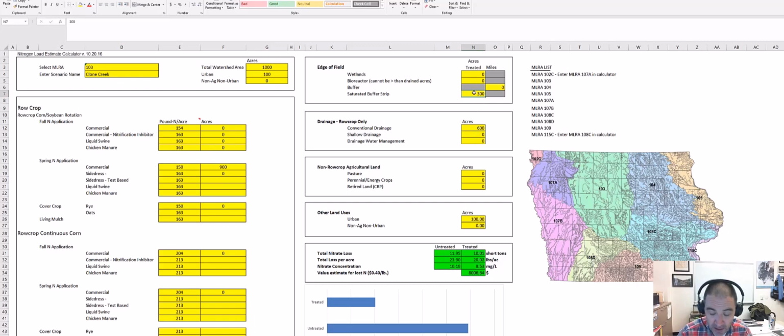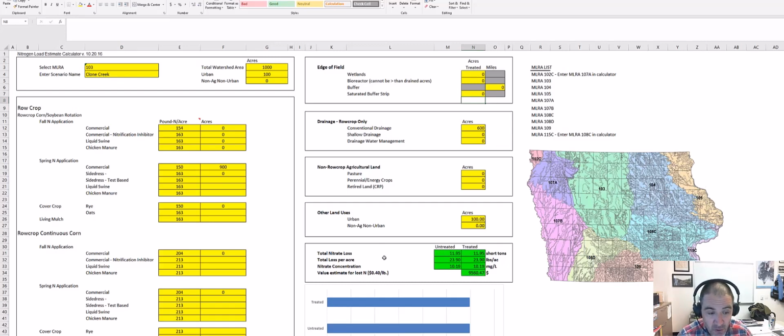So with this, we can really just adjust what our management practices are on those acres in our watershed and see what the resulting impact is on the estimated nitrate loss in short tons, total loss in pounds per acre, and also the estimated flow-weighted annual nitrate concentration that we might get from that area.